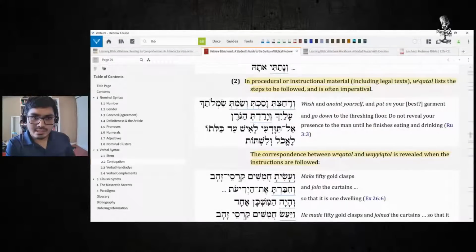Verachatzt vesakht vesamt simlotaich alaich veyaradt hagoren, al tivadi laish ad kaloto leechol velishtot. So wash and anoint yourself and put on your garment and then go down to the threshing floor. Naomi is telling Ruth to do these four things one after the other.